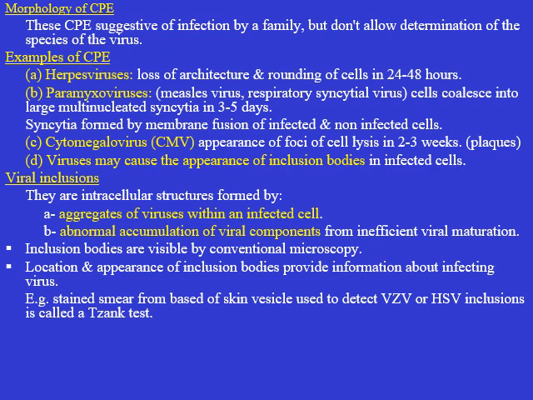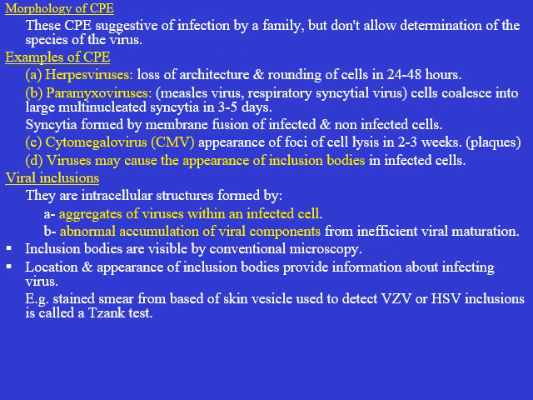Morphology, now we will come to the morphology of the cytopathic effect. This cytopathic effect is suggestive of infection by a family, but does not allow us to determine the species level of the virus. Example of the cytopathic effect.